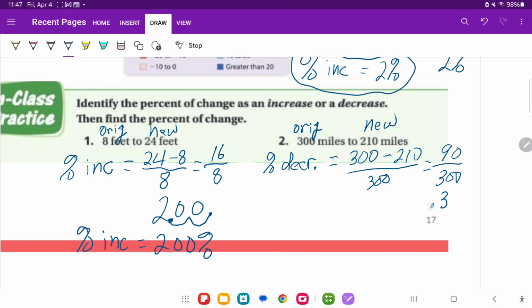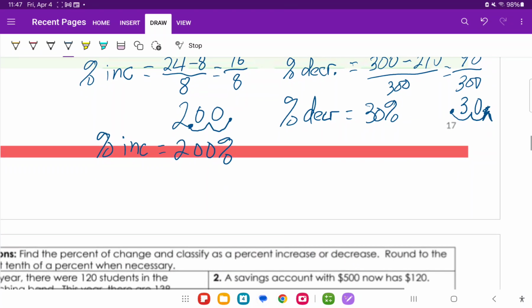So we move the decimal 1, 2, like that, which means I have to add a 0. So my percent of decrease equals 30%, because I moved the decimal over here. That's 30, and then the decimal, 30%. Okay, great job. Way to go.